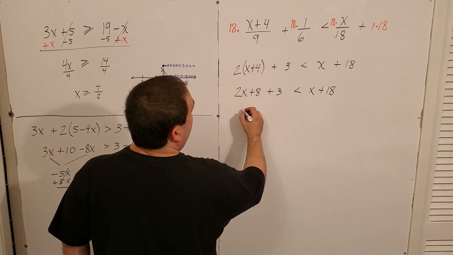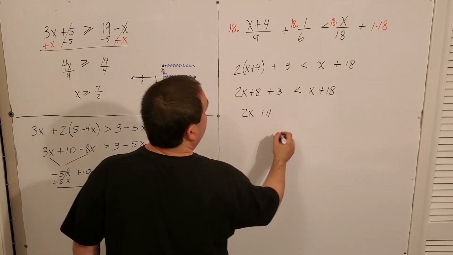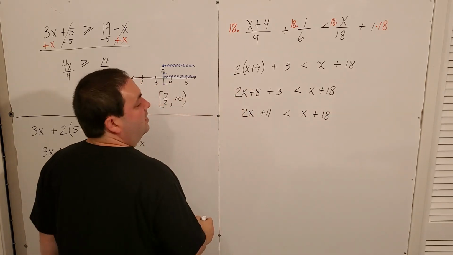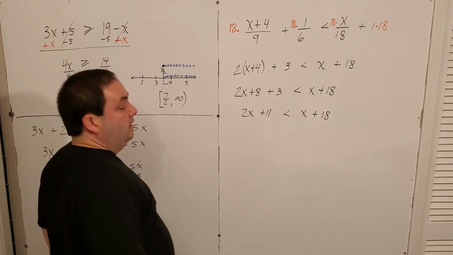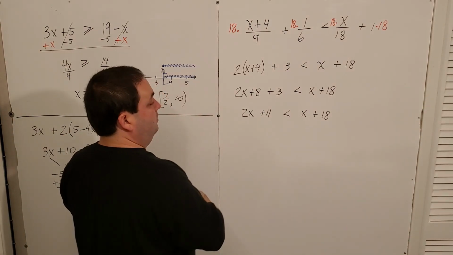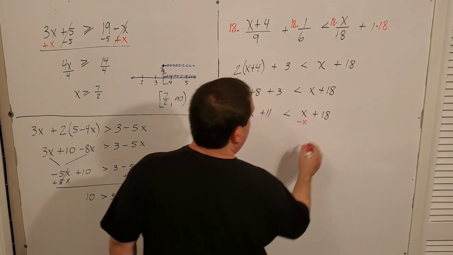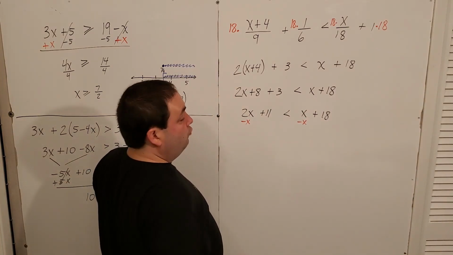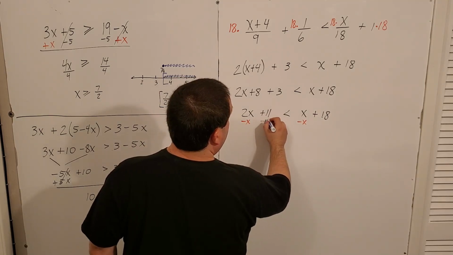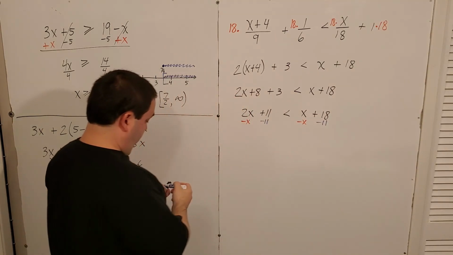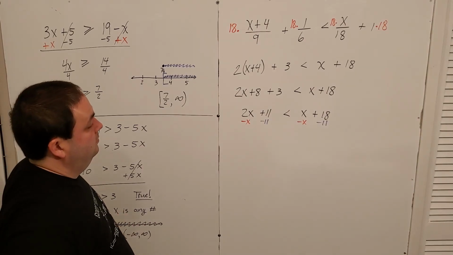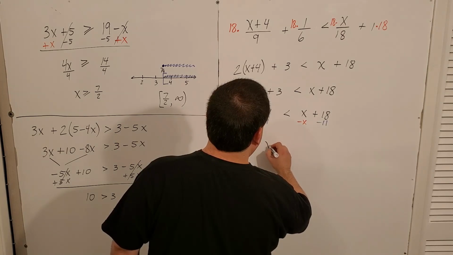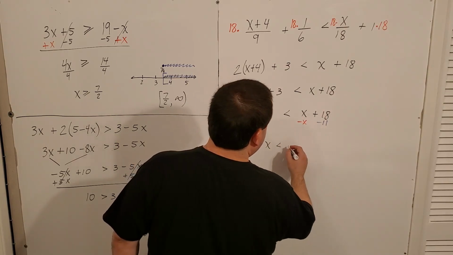Combining like terms that are already on the same side. Okay, letters to the left. And non-letters to the right. So minus 11, minus 11. Okay, so then that leaves me with x is less than 7.